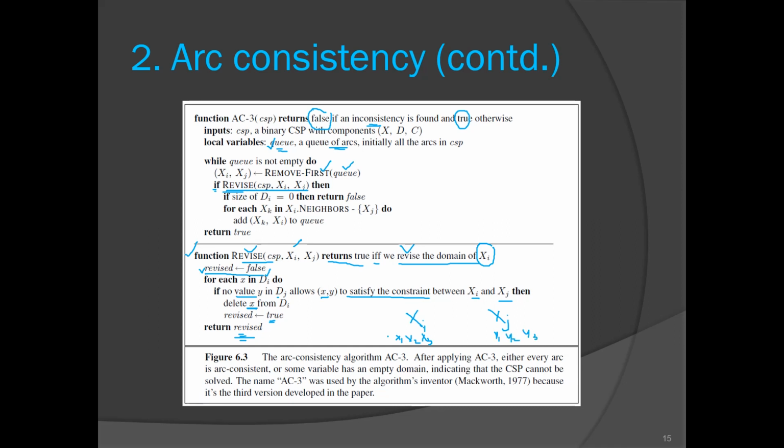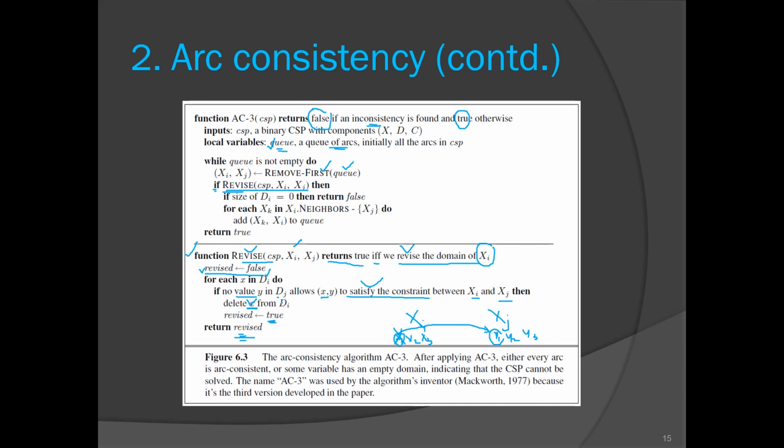Consider one value that does not allow the pair to satisfy the constraint. For x1, if we don't have a pair in xj, then we have to remove this x1. If it does not satisfy, you delete that value, and revised is set to true.